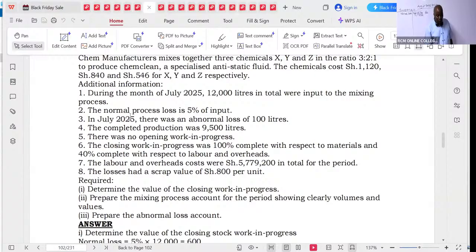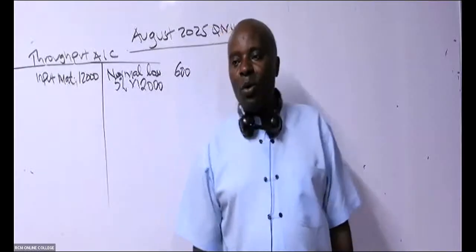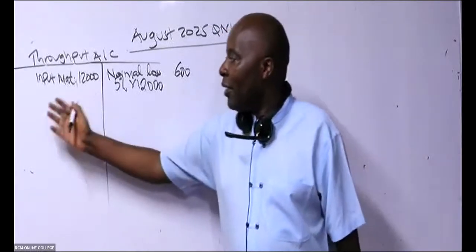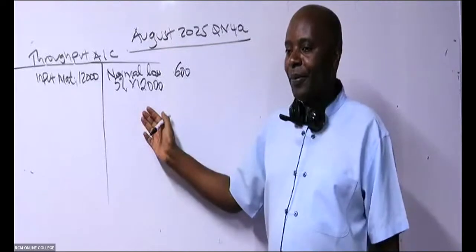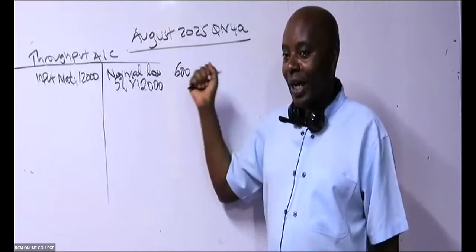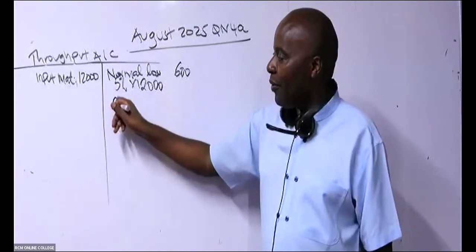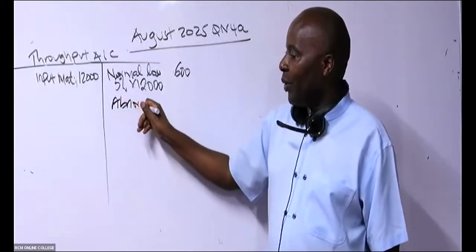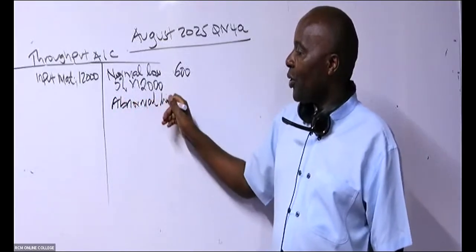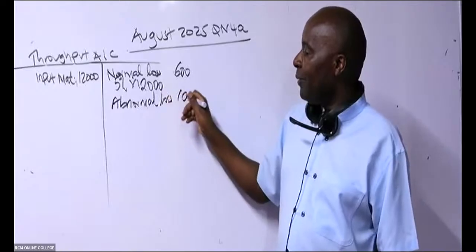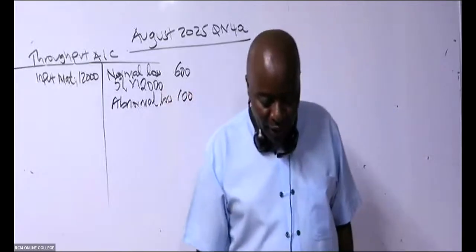We are told in July 2025, there was an abnormal loss of 100. So abnormal loss, where shall we book this abnormal loss? On the left or right? Yeah, right. Abnormal loss is here, isn't it? So we have 100 there.